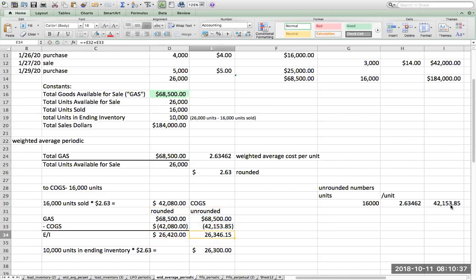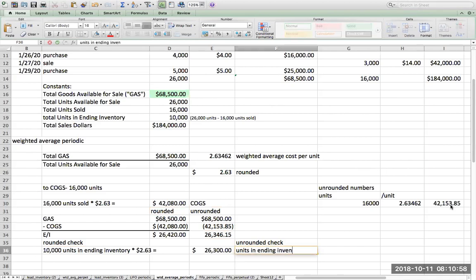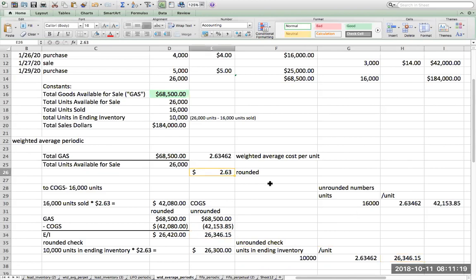My ending inventory is now 26,346.15. If I do an unrounded check, I take 10,000 units times my cost per unit, and this number is exact. The reason is because I rounded, I'm getting funkier numbers.